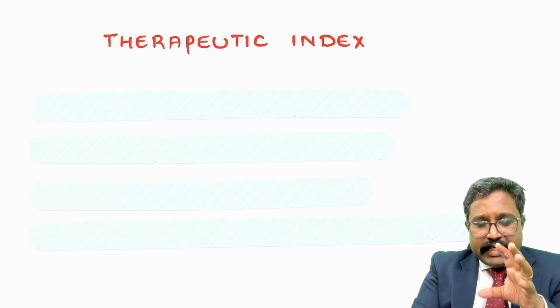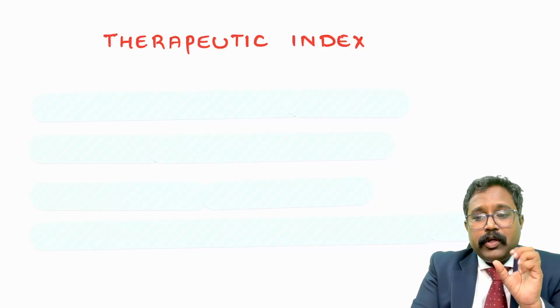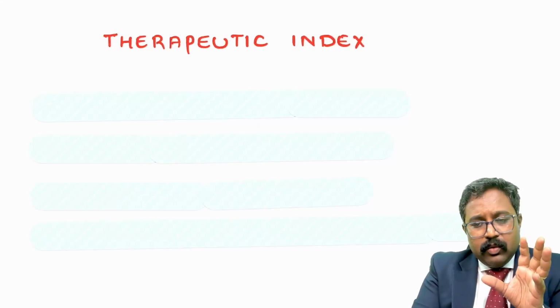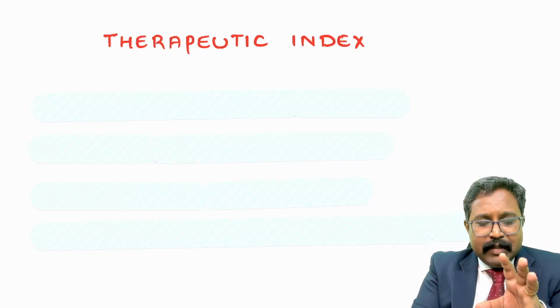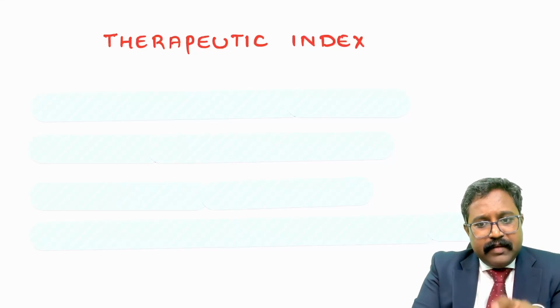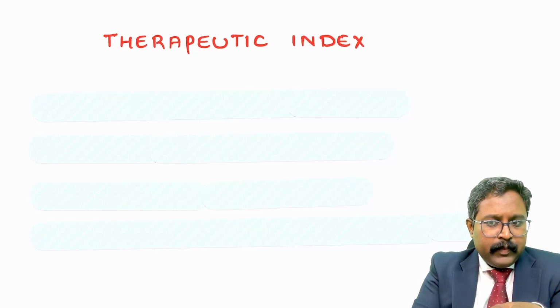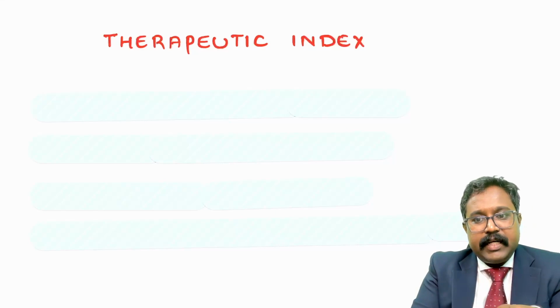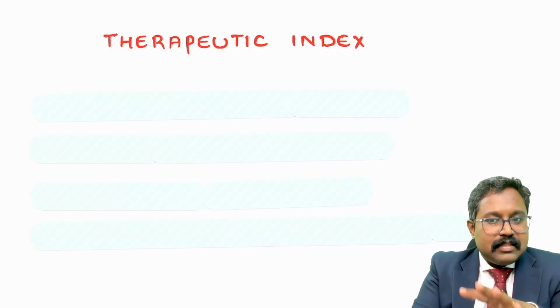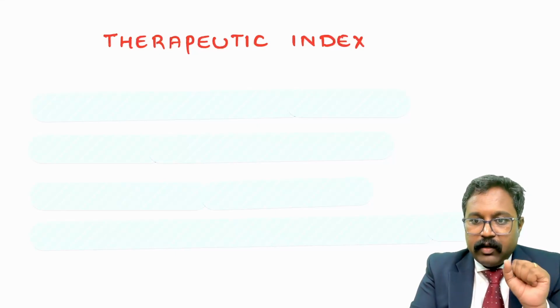Whenever we are addressing a risk and benefit ratio, you're going to look for safety. We need to take care of safety, whether you are getting a benefit or a harmful effect. Only when the benefit outweighs the harmful effect are we going to use the drug. Otherwise, the drug will not come into the market at all.